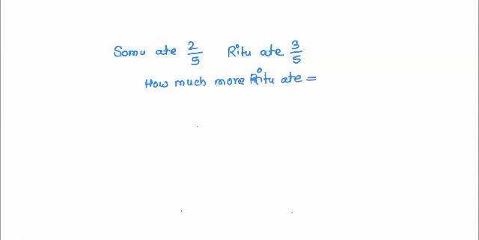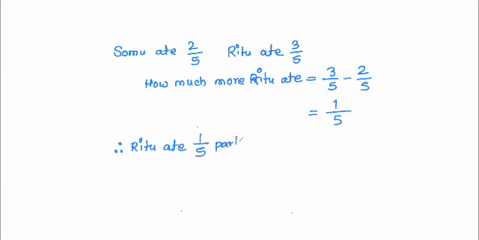So Ritu ate 3 upon 5 minus Somu ate 2 upon 5. Denominator same, so in the answer also the denominator stays same. 3 minus 2 is 1 upon 5. Therefore, Ritu ate 1 upon 5 part more than Somu.